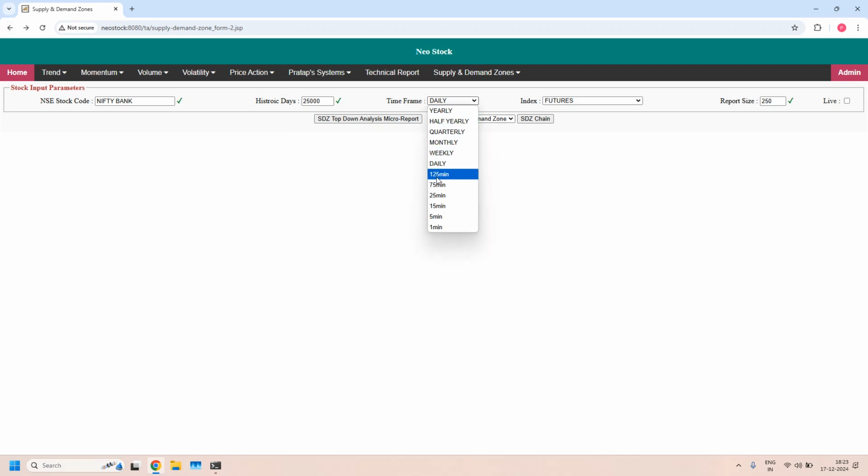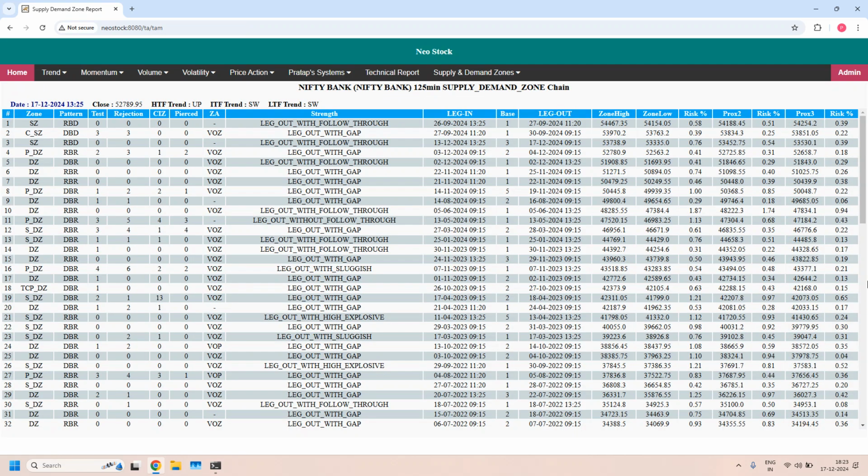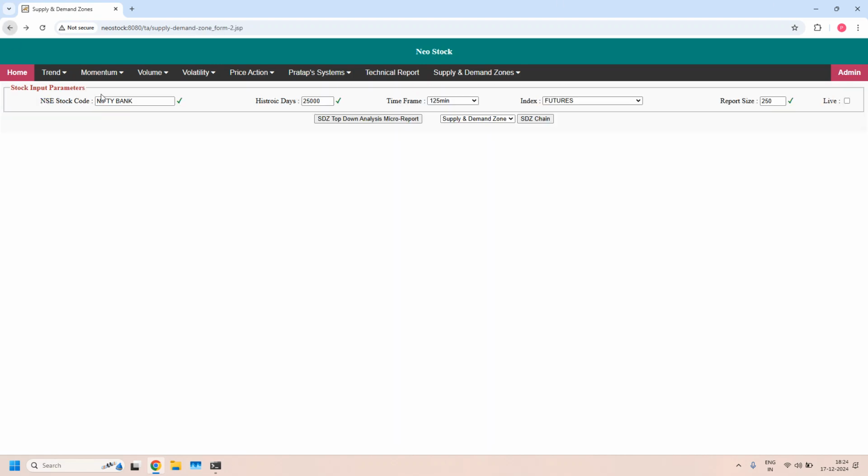Next, 125 minute supply demand zone chain for BANKNIFTY. Next, 75 minute supply demand zone chain for BANKNIFTY.